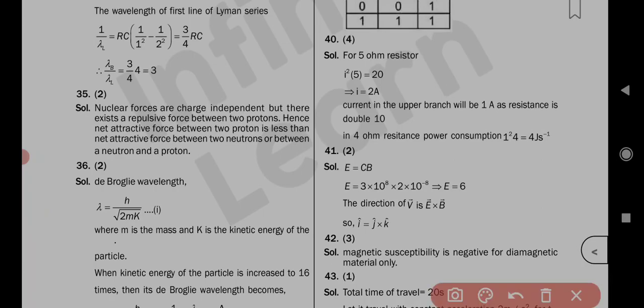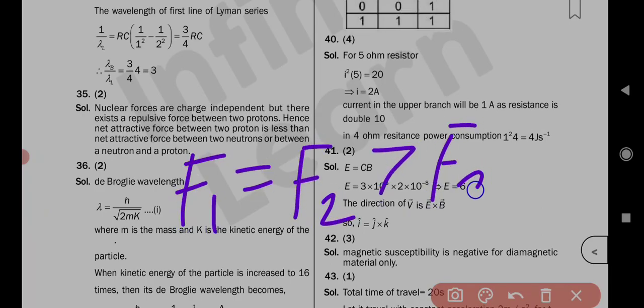The correct option is F1, F2, F3 like this, but they gave it as the second option, when it is the fourth option. So let it be whatever it might be. The explanation given here is correct, and what I thought is also correct. F1 is the force between two nucleons, meaning two neutrons.